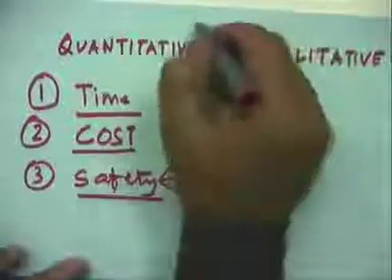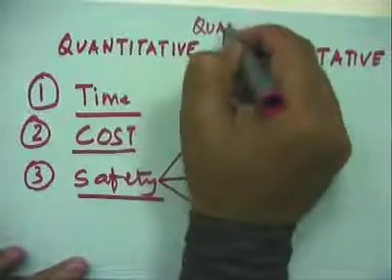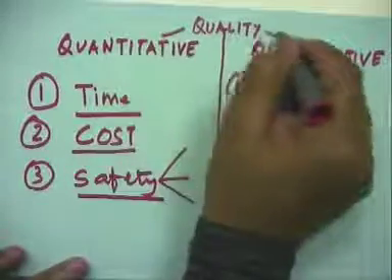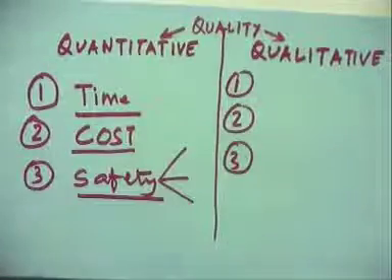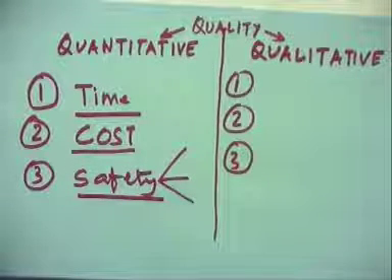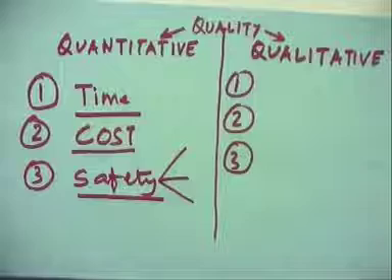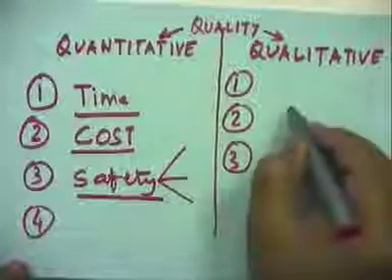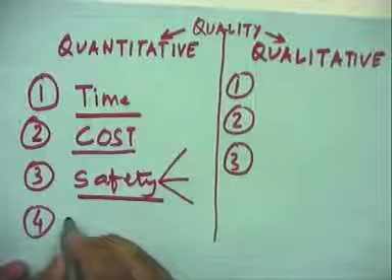What about quality? Quality, whether you put it here or here. Quantitative? Here or here? Here.